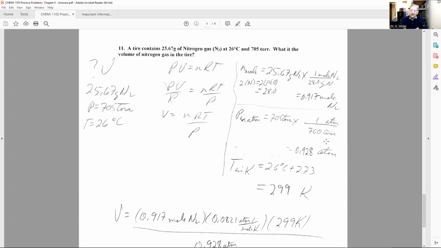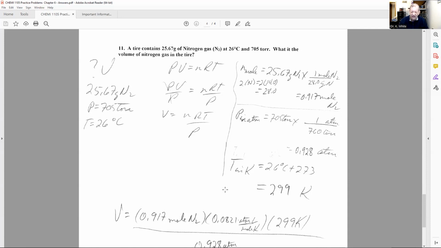And now I do the math, and remember 705 has 3 significant figures. The 1 and the 760 are exact numbers. So my answer should have 3 significant figures. Now, this is 0.982.